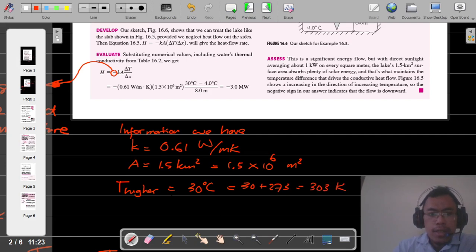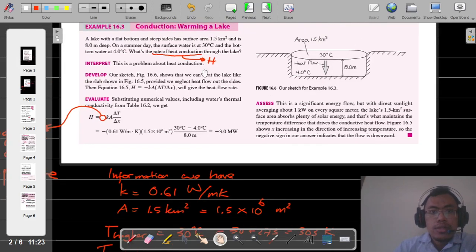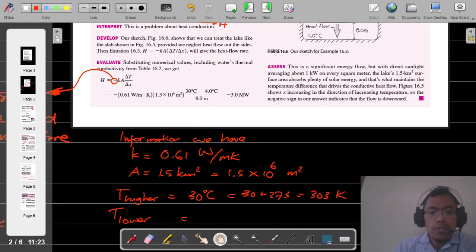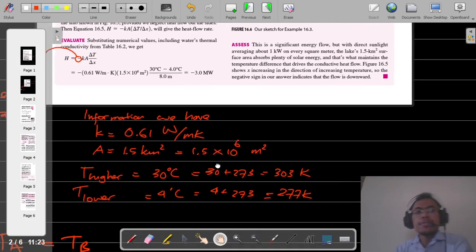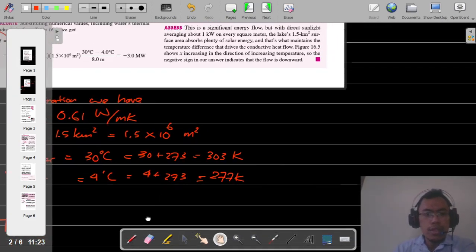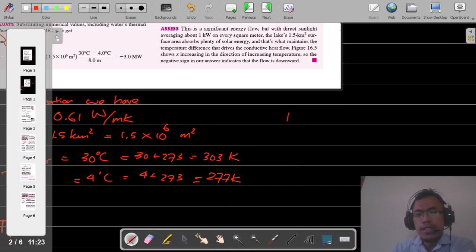And then for the T lower, which is the bottom water temperature, it is 4 degrees Celsius. So 4 plus 273, it is 277 Kelvin.